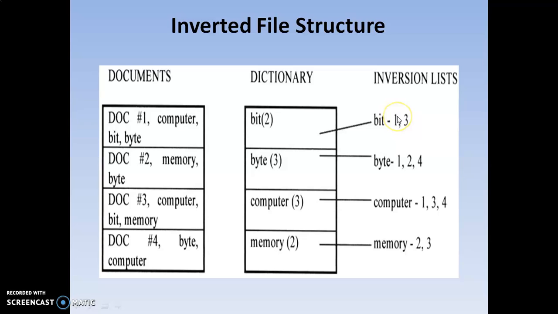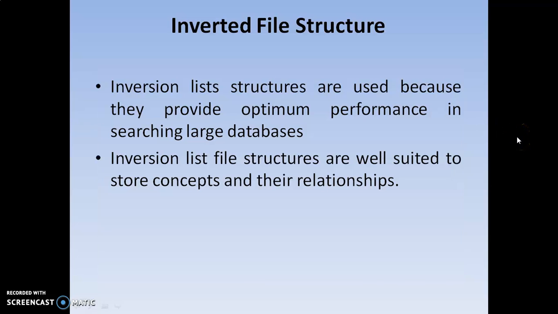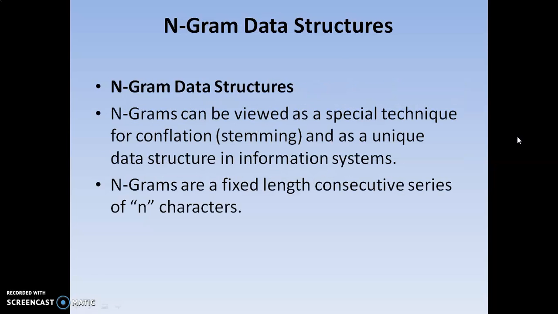Inversion list contains in which documents that particular word is occurring, and the number also it shows. So it gives optimum performance, an efficient way of search, the kind of search a database provides, and is well suited for concepts and their relationships.